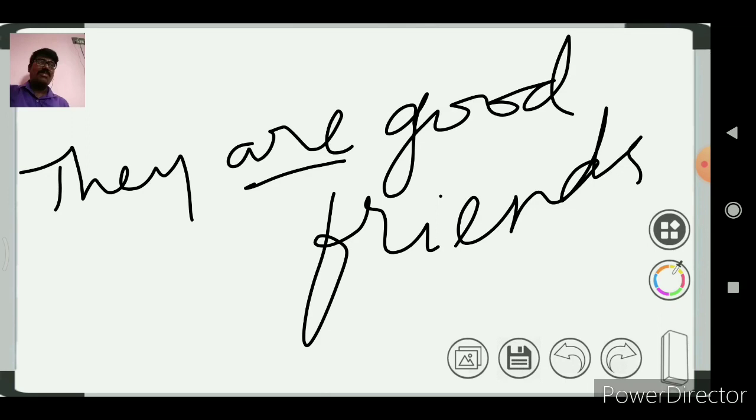Main verb? No, it's an auxiliary verb. Again, if it is the auxiliary verb, tell me whether it is the primary auxiliary or the modal verb. Remember the primary auxiliary verbs: be forms, do forms, have forms. Be forms are is, am, are. Are. Exactly, it is a primary auxiliary. Super.